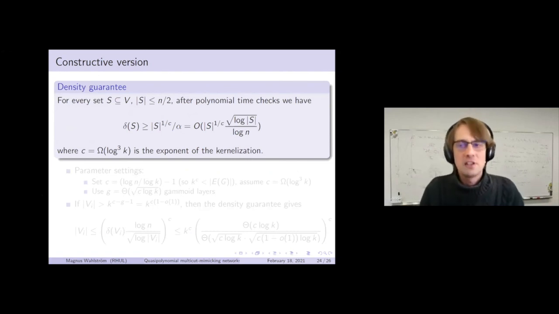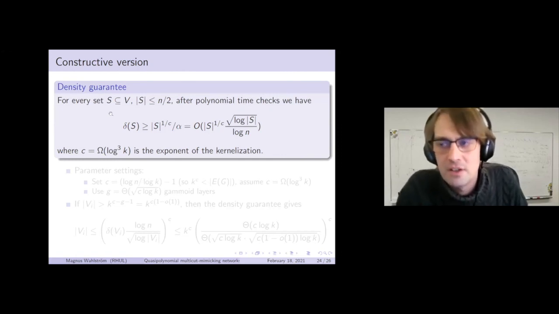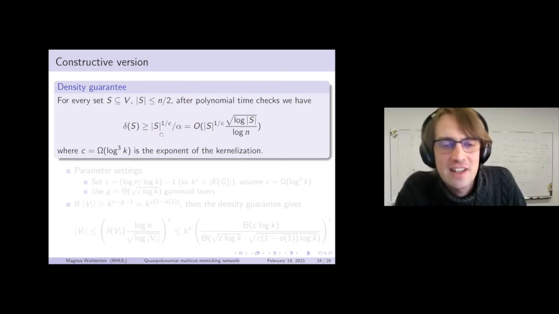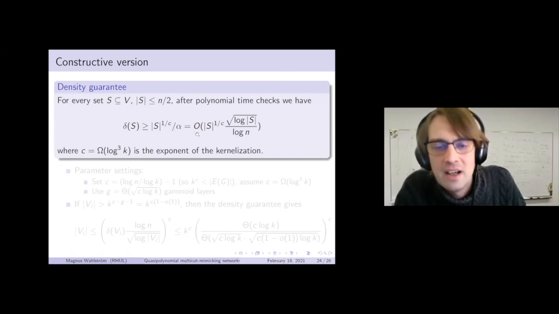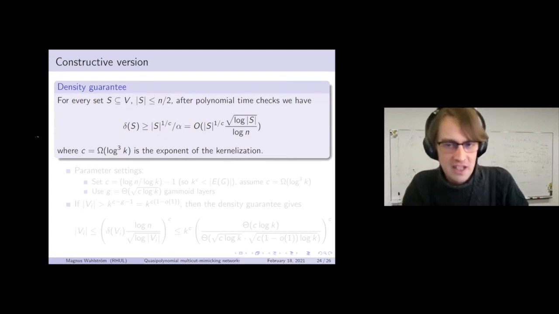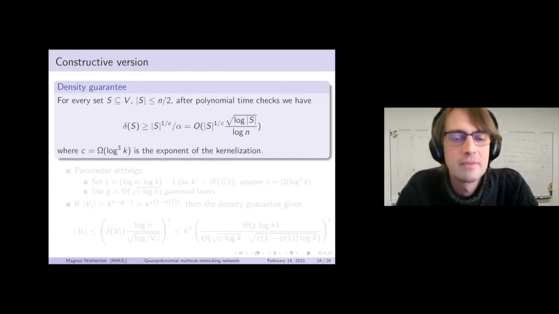So we have a polynomial time randomized guarantee that for any set S of at most n over 2 vertices, after all recursive sparsification calls are done, the number of edges around S is at least cardinality to the 1 over C divided by alpha, which if you plug in the formula for alpha is |S| to the 1 over C times square root log |S| divided by log n. C is going to be log cubed k in this picture.